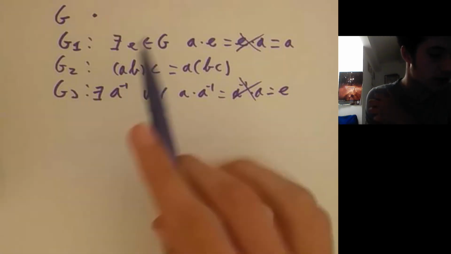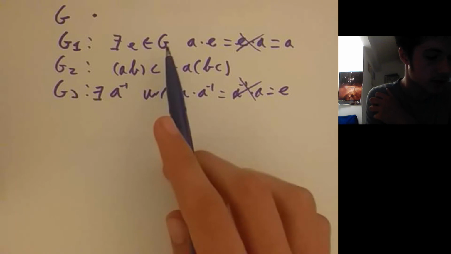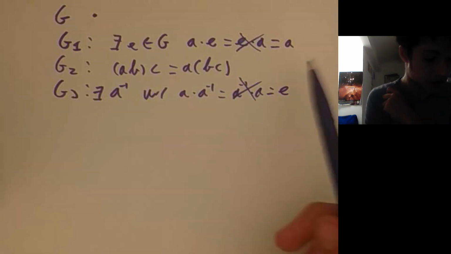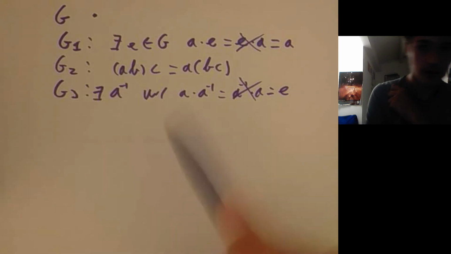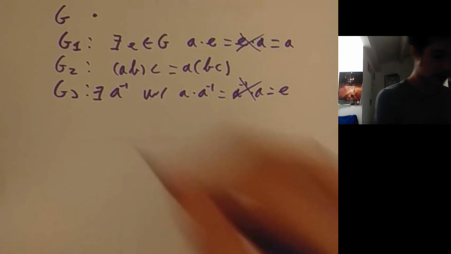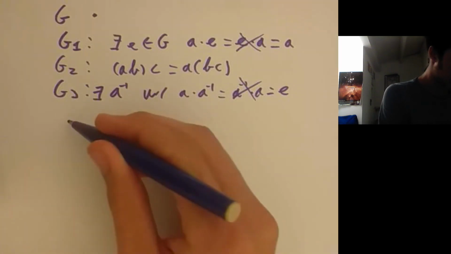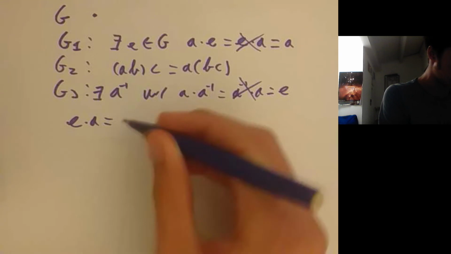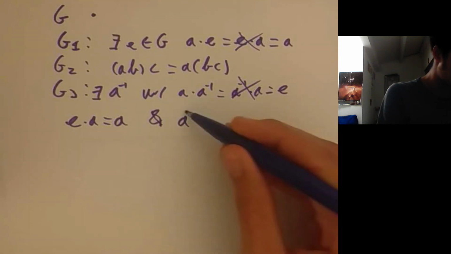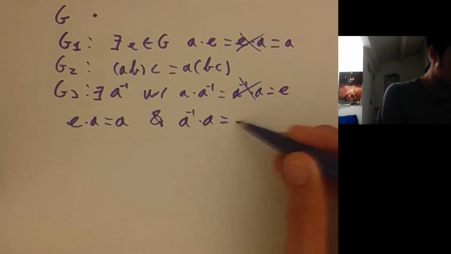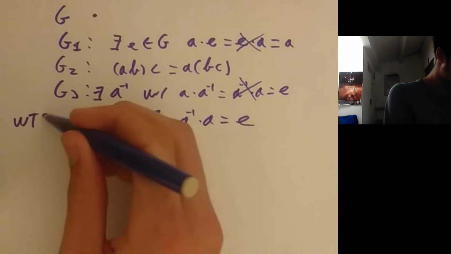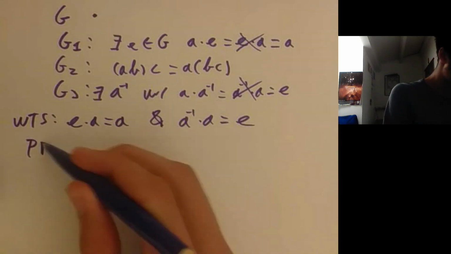So if we just assume that there exists an identity element inside of the set G, such that for all A, A times E equals A, and some equivalent thing for this third axiom, then we can deduce from that for all A, E times A is equal to A, and that the inverse of A times A will be equal to the identity element. So this is what we want to show, and here is our proof.